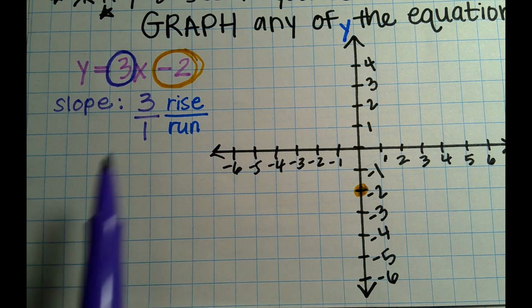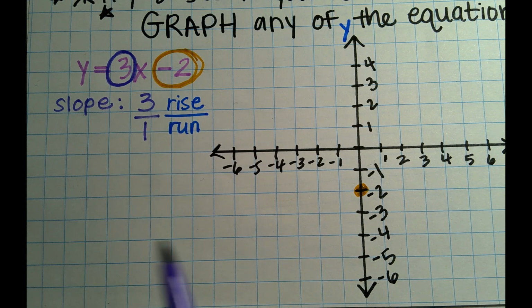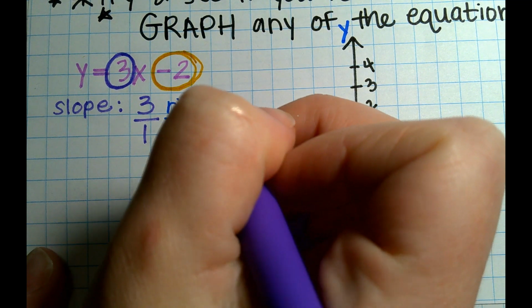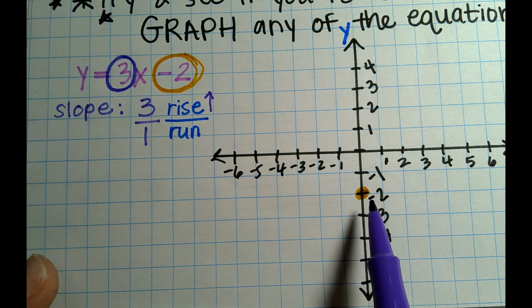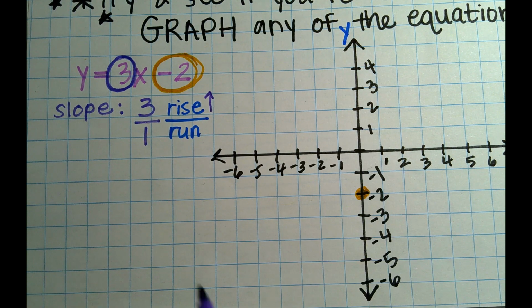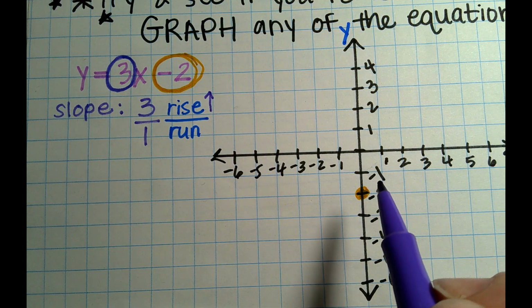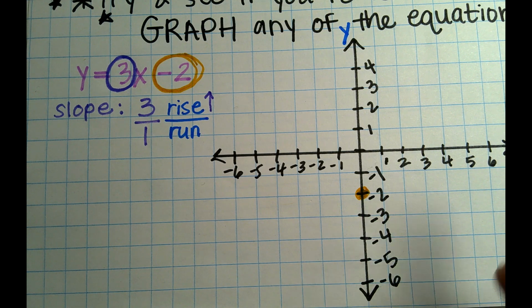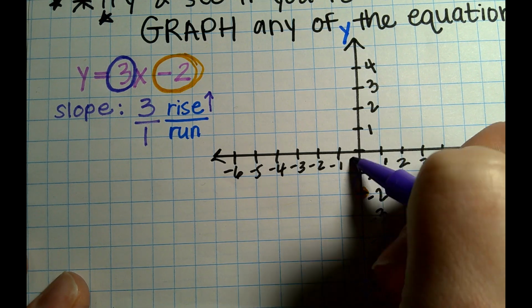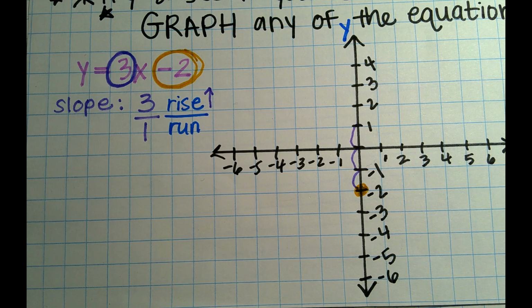So if my rise is positive, which it is, that means from our first point we're going to go up. If our rise is 3, how many spaces do we move up? 3. So 1, 2, 3. There's my rise.